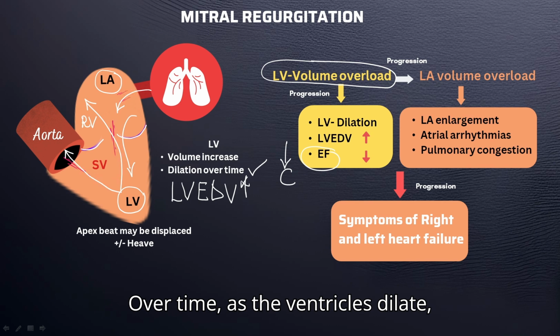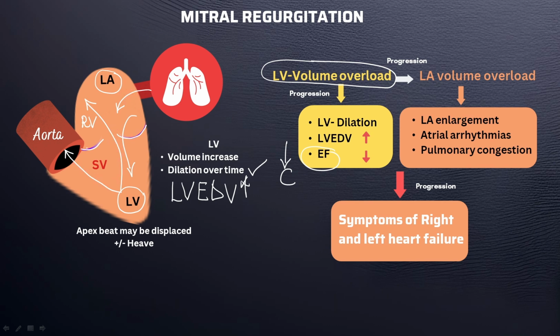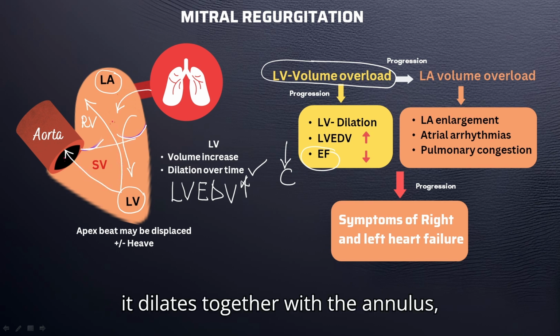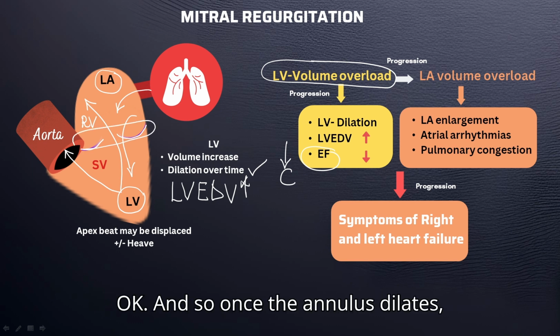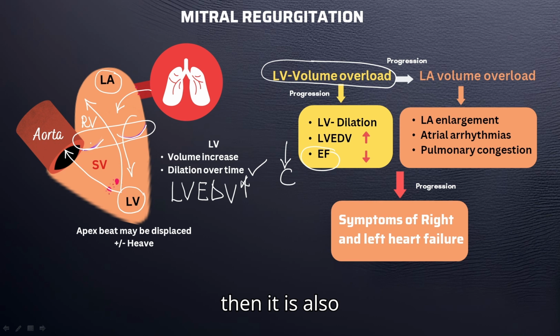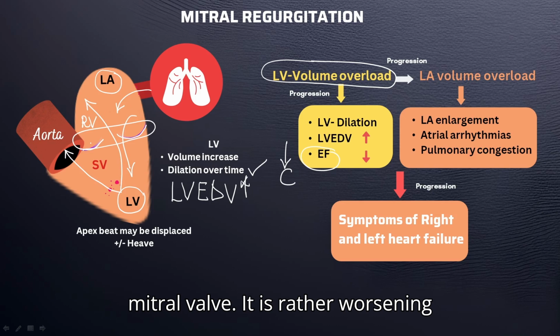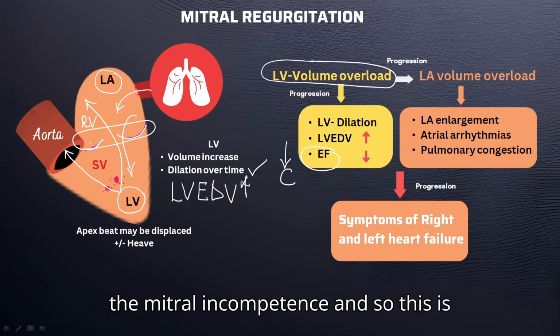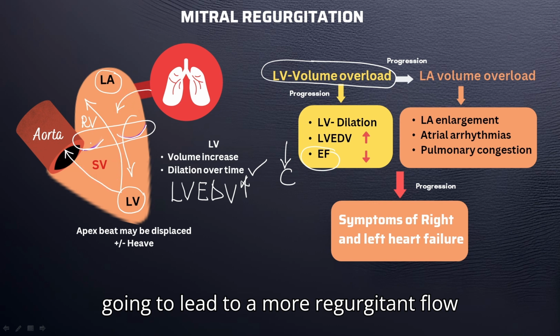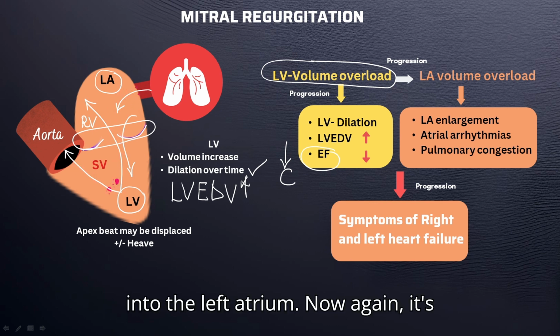But with time, as the ventricles dilate, it dilates together with the annulus. Okay, and so once the annulus dilates, then it is also opening the orifice of the mitral valve. It is rather worsening the mitral incompetence. And so this is going to lead to a more regurgitant flow into the left atria.